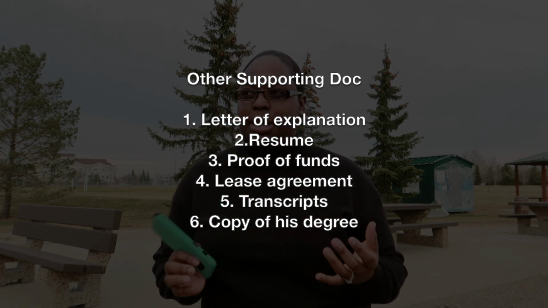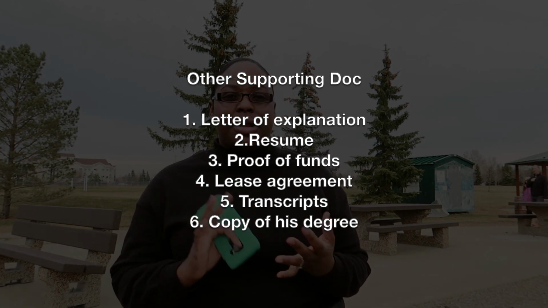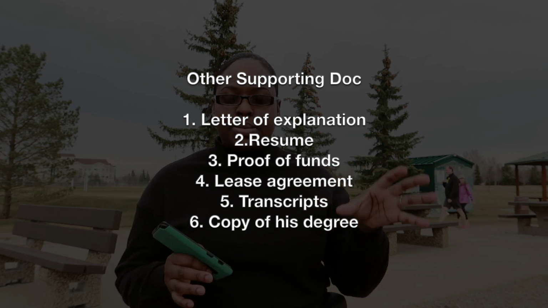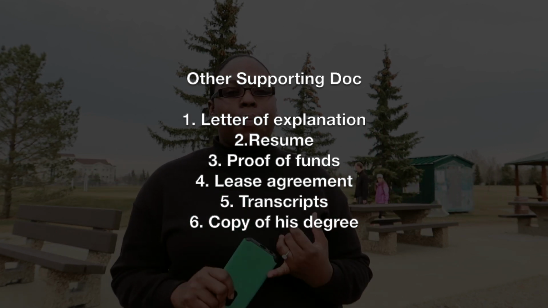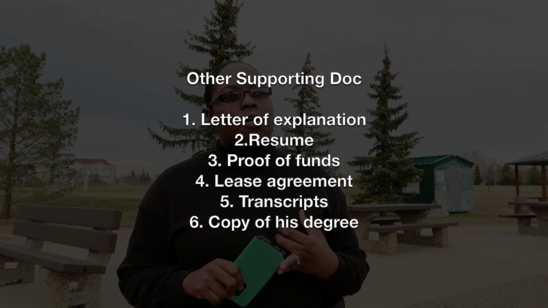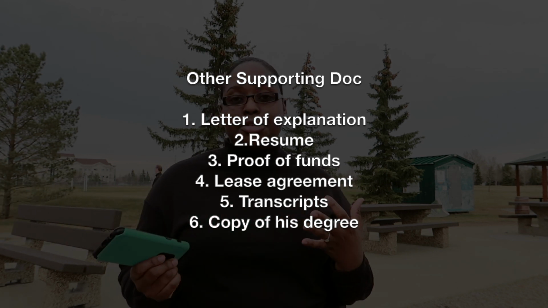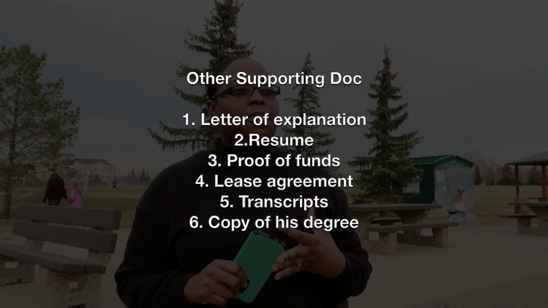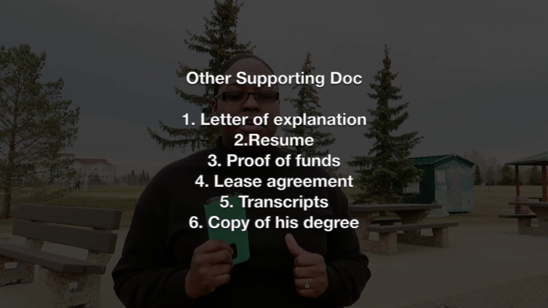And on that document I included my UCI number and my document number. Along with that explanation letter, we also included a copy of his resume, a copy of proof of funds, a copy of my lease agreement at the time, a copy of his transcript, and a copy of his degree.